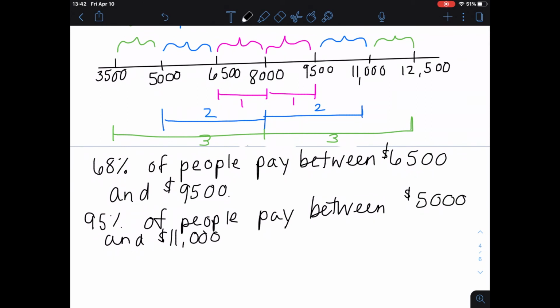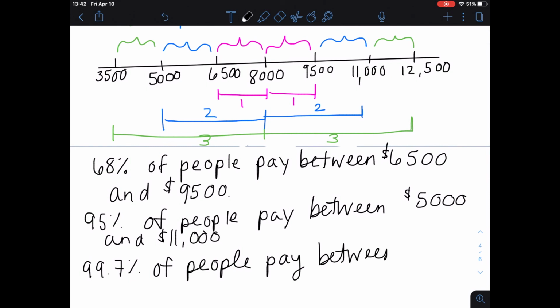So now between these two values, 99.7% of your data will lie. So 99.7% of people pay between $3,500 and $12,500 on childcare.